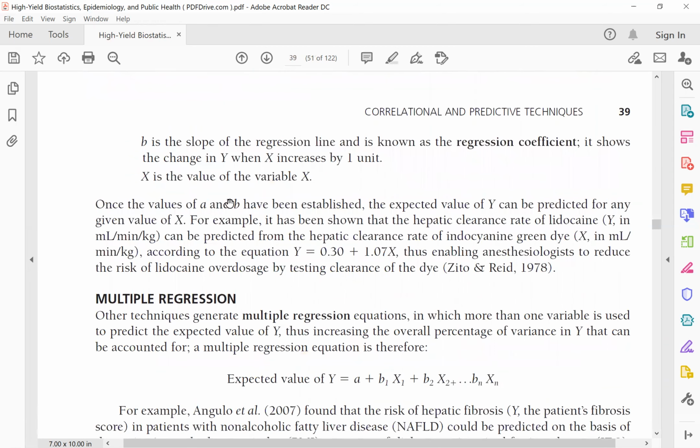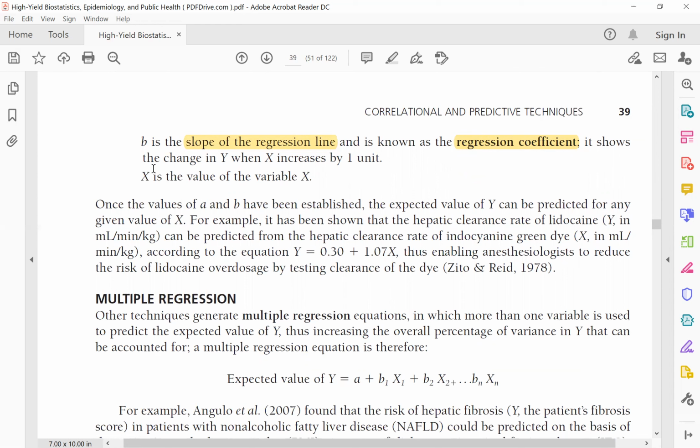And b is the slope of the regression line and is known as the regression coefficient. We heard the correlation coefficient before, and now we have the regression coefficient, which is B, as in boy. It shows the change in y when x increases by 1 unit.